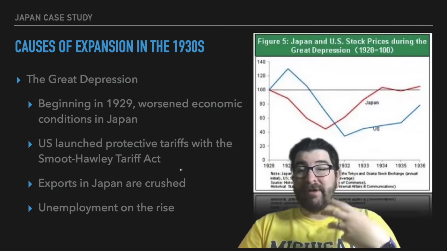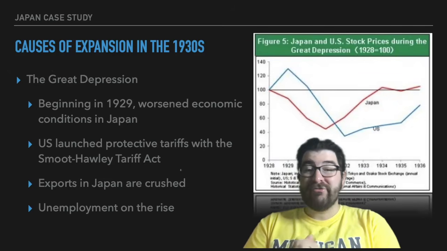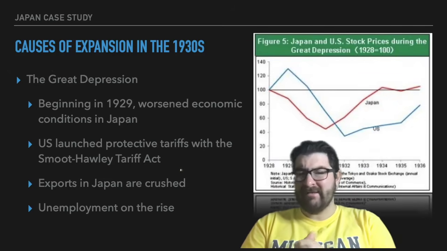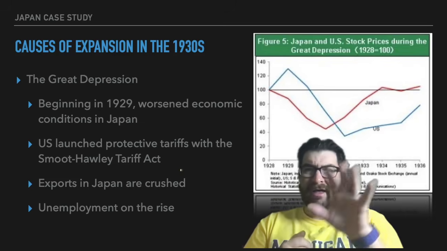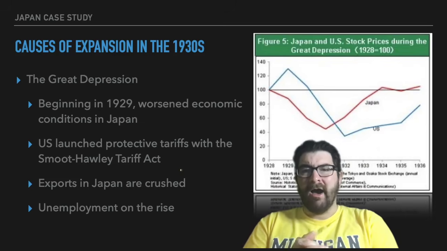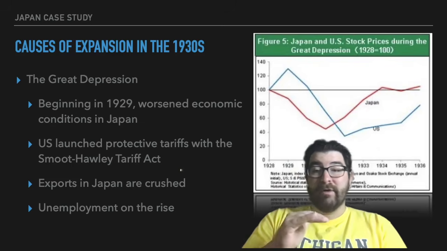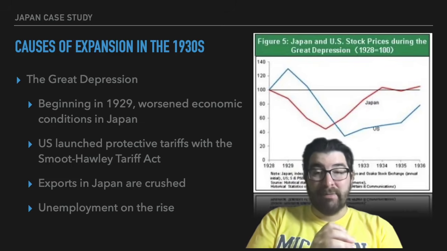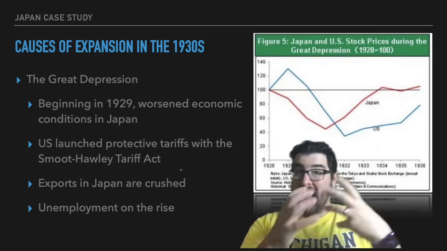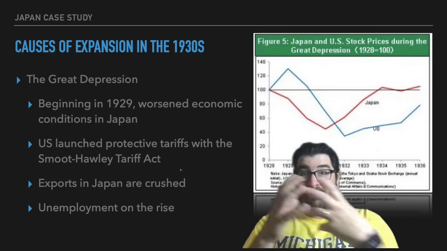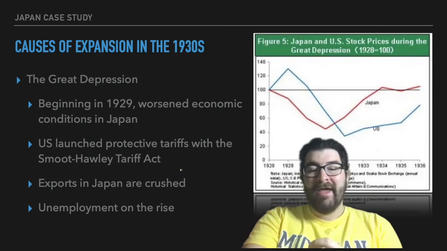This is going to increase the price of Japanese imports 200% in the United States, and those Japanese exports are going to be crushed. Silk exports, for example, are going to be absolutely crushed, which leads to a spike in unemployment in Japan. So we are adding political discontent now with economic discontent.